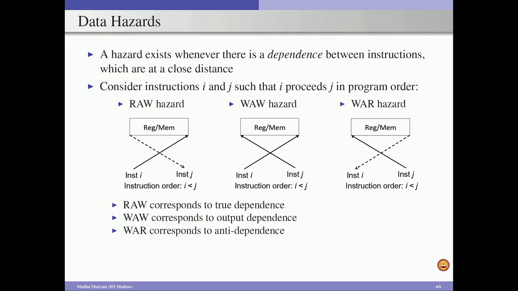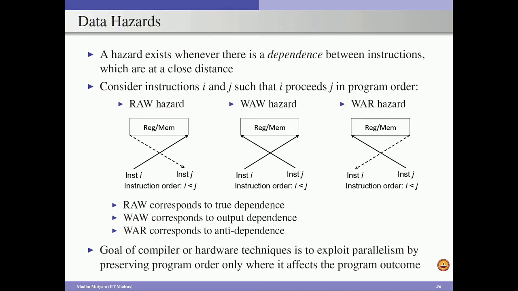Similarly, the write after read hazard corresponds to anti-dependence, because here there is no flow of information, similar to the write after write hazard, and this is also part of the name dependence between the instructions. In other words, write after read and write after write hazards correspond to name dependences, and the read after write hazard corresponds to the true dependence or data dependence.